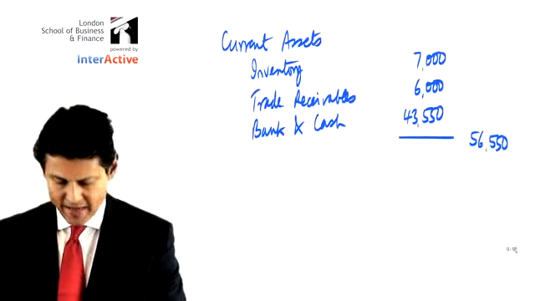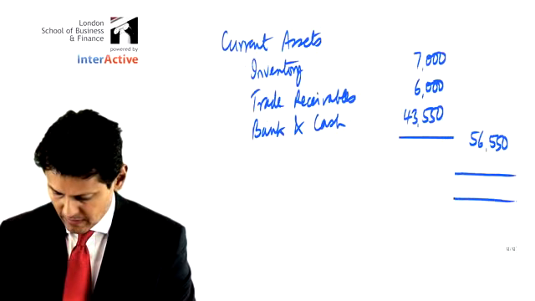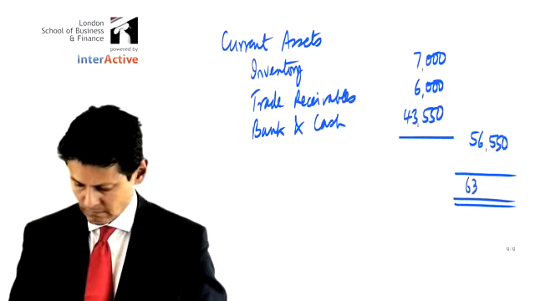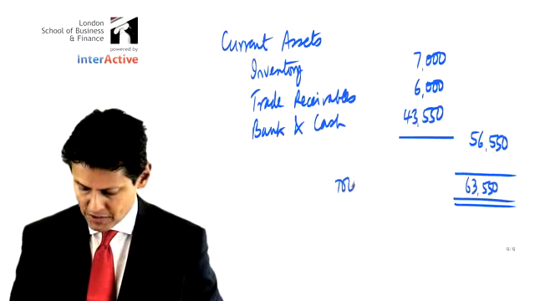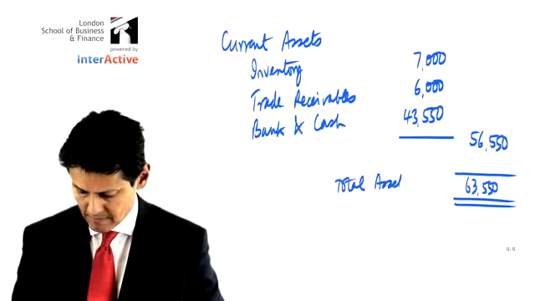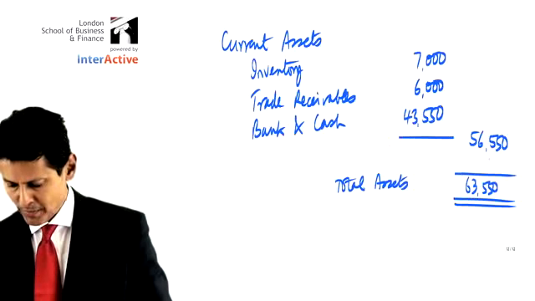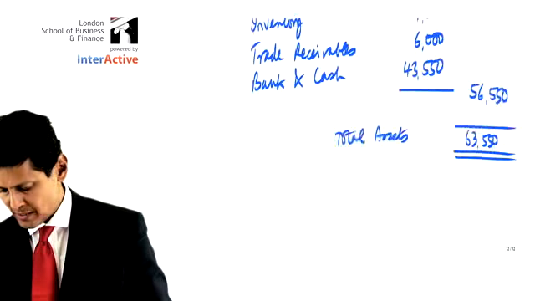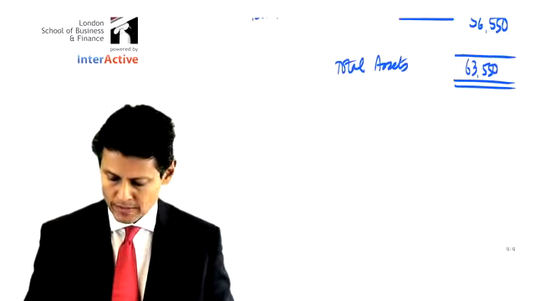Which, when added to the 7, is 63,550. Which I suppose I could describe as total assets. It's a very simple process, stemming, of course, from those journal entries all that time ago.